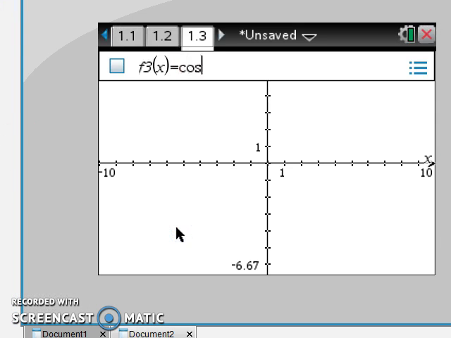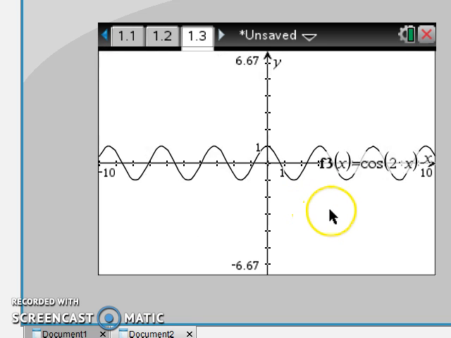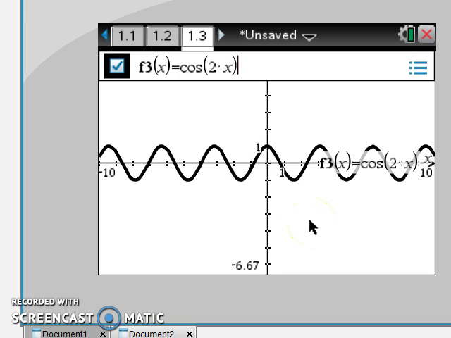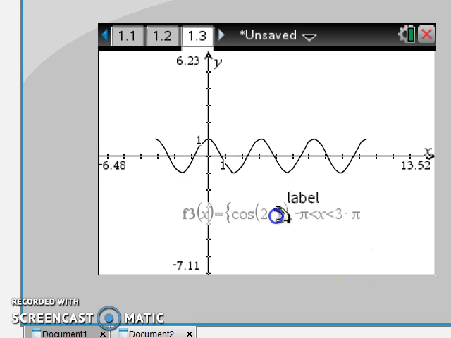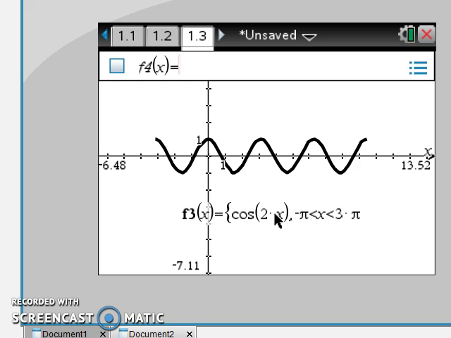So we've got cos of 2x, looks like that, and we'll make it in the right domain, between negative pi and 3 pi. So now it looks like that. And I had the line y equals negative root 3 on 2.